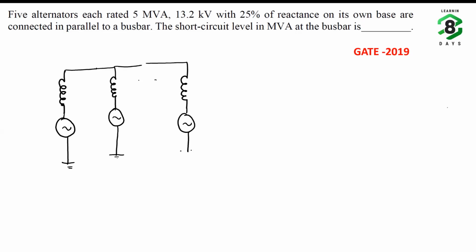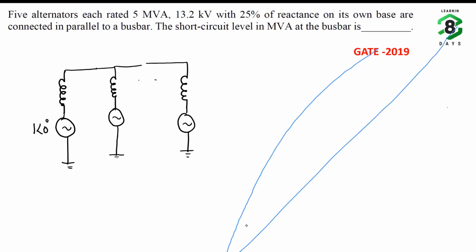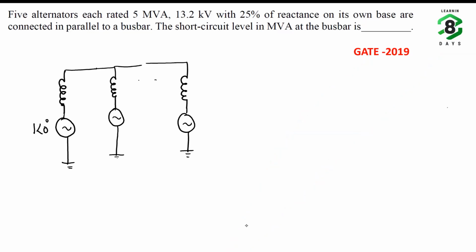Now, what is the per unit voltage? The per unit voltage will become 1 at an angle 0, and he has given the percentage reactance of 25%. So per unit reactance will become percentage reactance divided by 100.